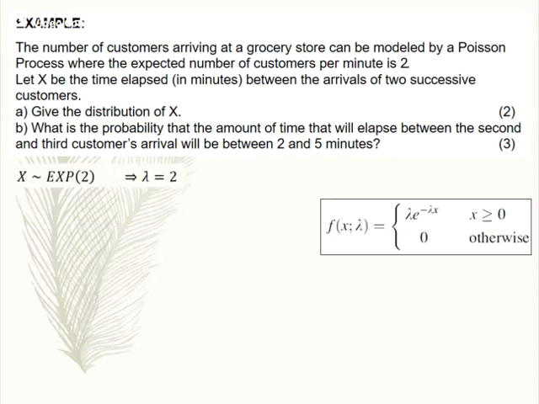Okay, so in part B, they're asking what's the probability that the amount of time that will elapse between the second and the third customer's arrival will be between 2 and 5 minutes. Something I want to highlight before we go on is that we've specifically chosen the second and the third, but it could have been the fourth and the fifth, or the eighth and the ninth.